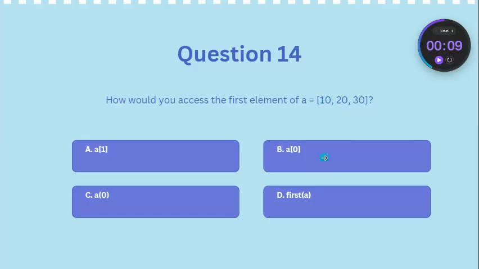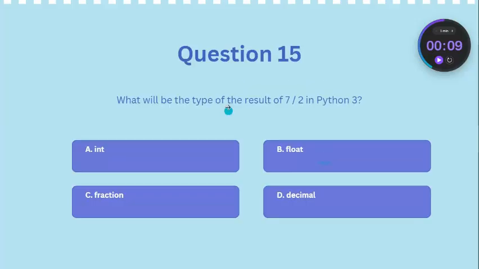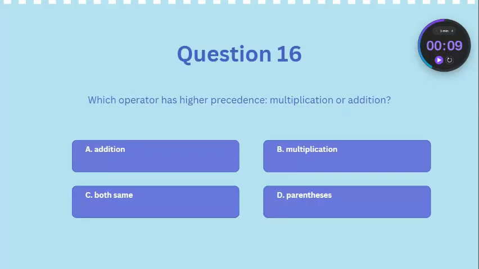So B is the answer. What will be the type of 7 divided by 2 in Python 3? It will be float, because the answer comes with a decimal point. Which operator has higher precedence, multiplication or addition? Multiplication.